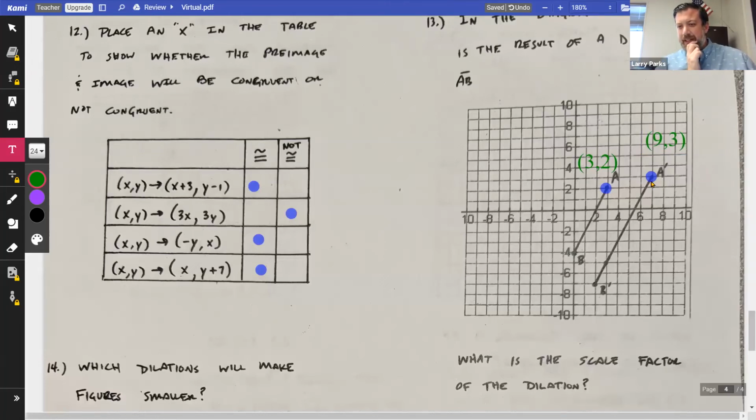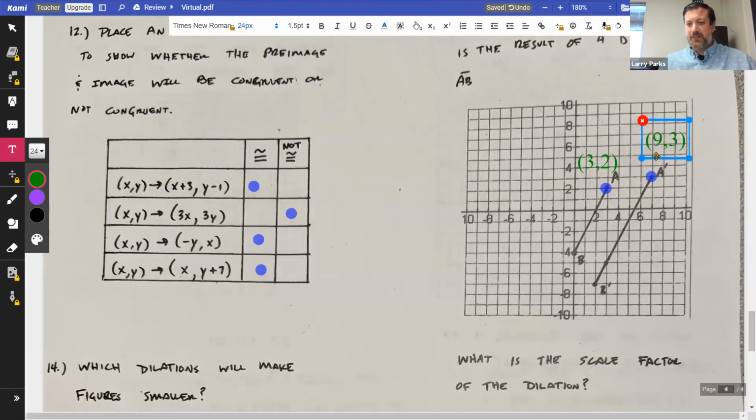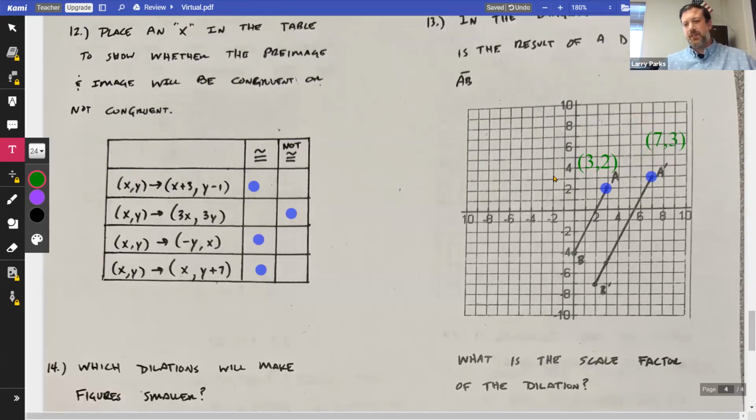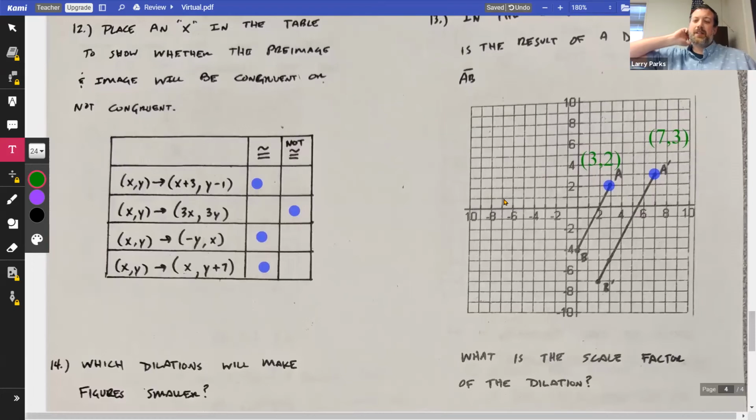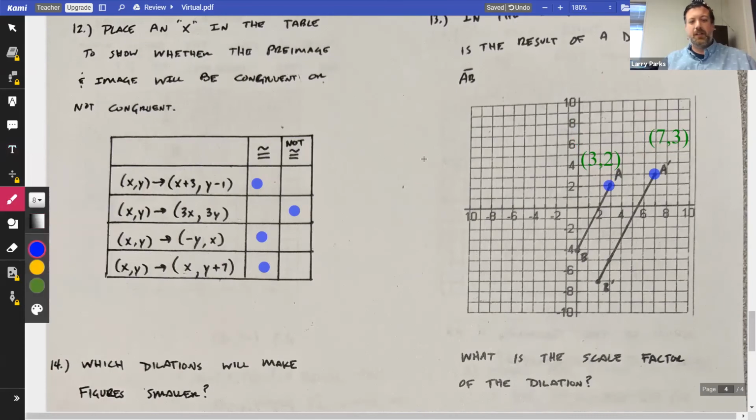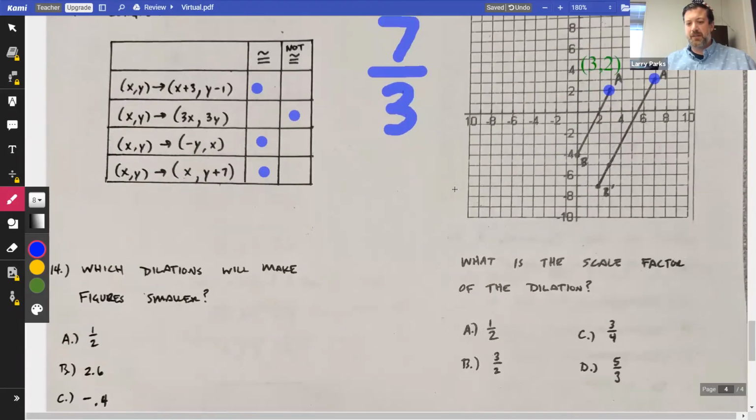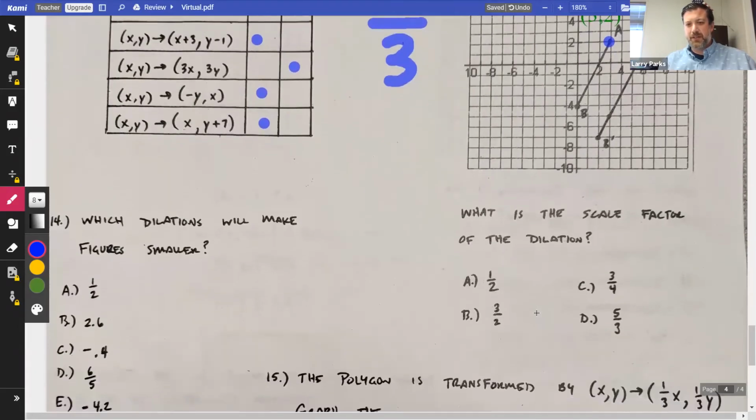Oh, that's not 9, that's 7. No wonder I was so confused. So really the question is, how do you go from 3 to 7? Remember, you take this number divided by this number. So it'd just be 7 over 3, because the pre-image goes on bottom, image on top. So it's 7/3.